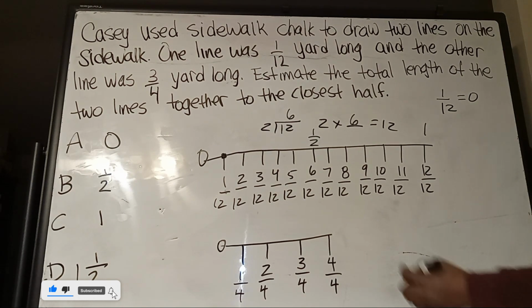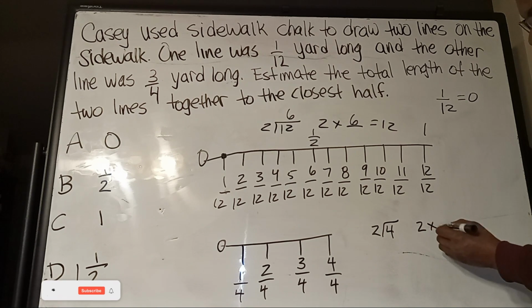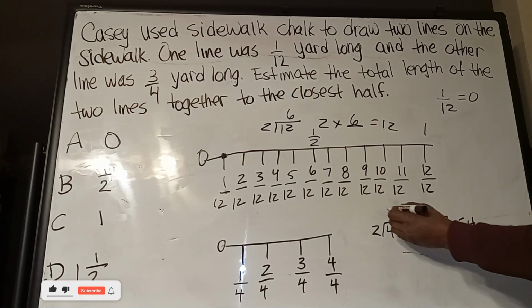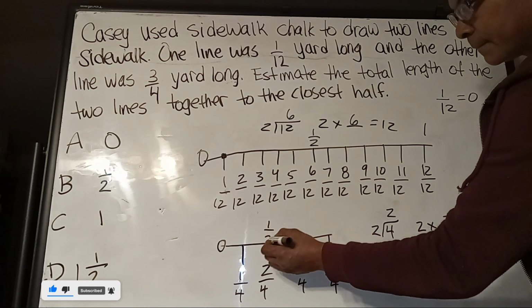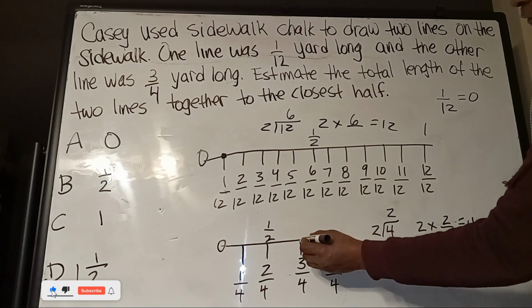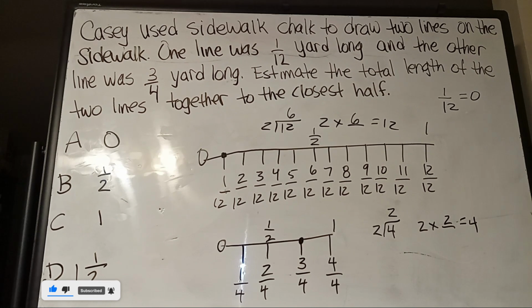We ask ourselves the same question, putting the 4 in the house on the side, or 2 times what gives us 4? 2. Groups. So that is where our half is at. And our fraction is 3/4. So we mark that. This is where our 1 is.